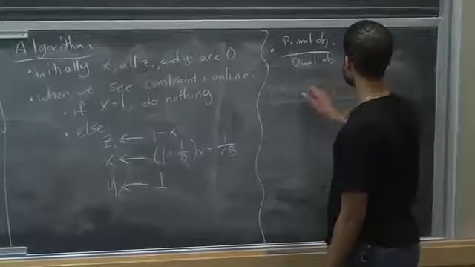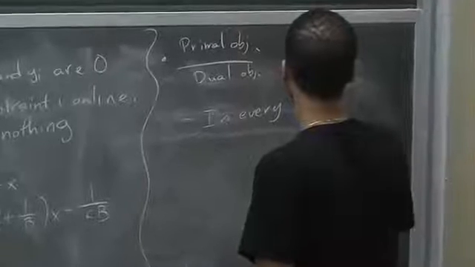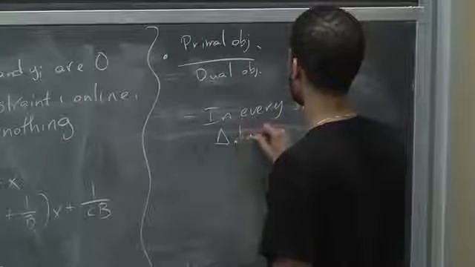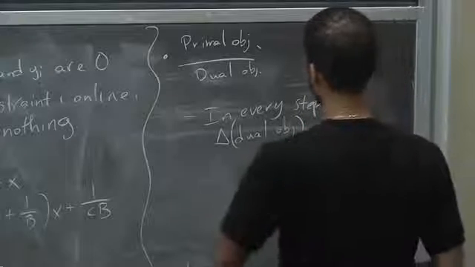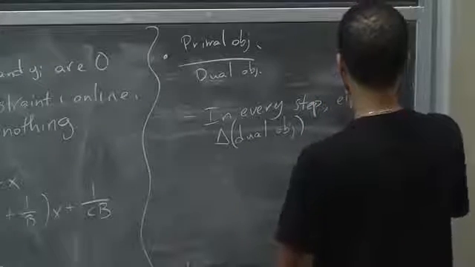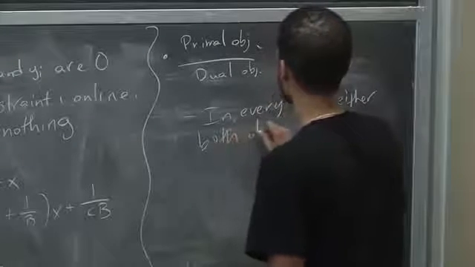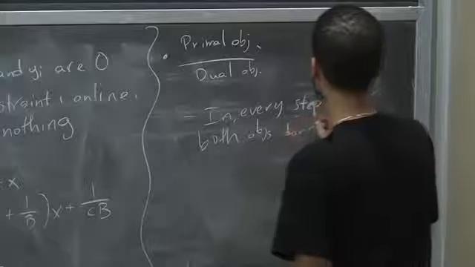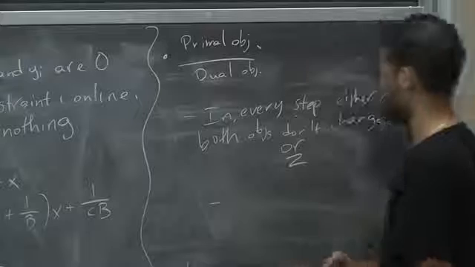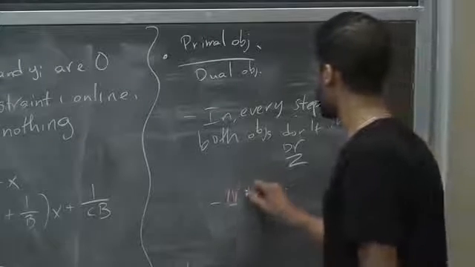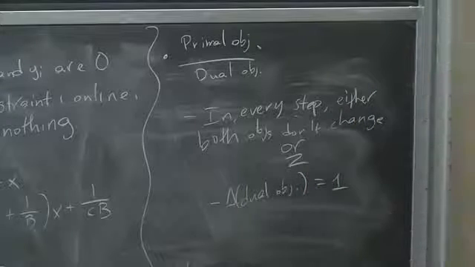In every step, either both objectives don't change, or the change in the dual objective exactly equals 1 because we increment yi by 1.